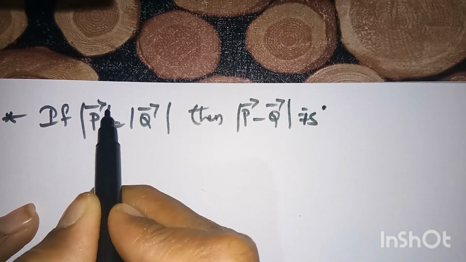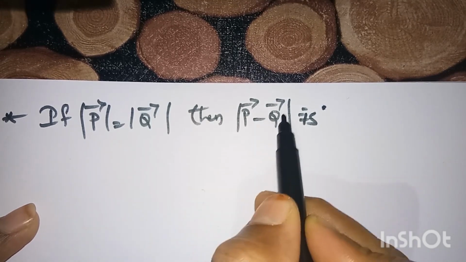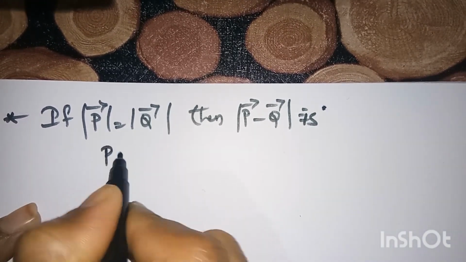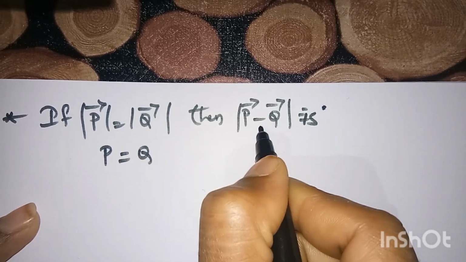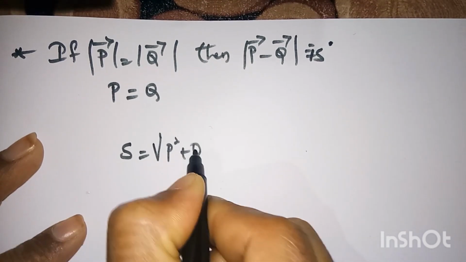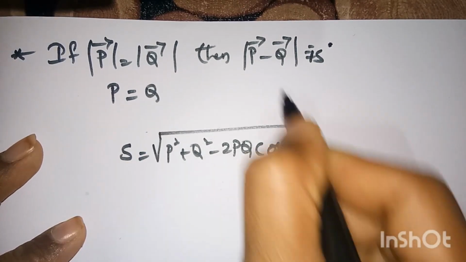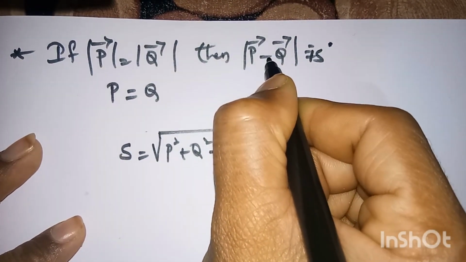If the magnitude of p bar equals the magnitude of q bar, then find the magnitude of p bar minus q bar. They said that p equals q. So s equals under root p square plus q square minus 2pq cos theta. Why am I taking minus here? Because they said the magnitude of the difference of two vectors.